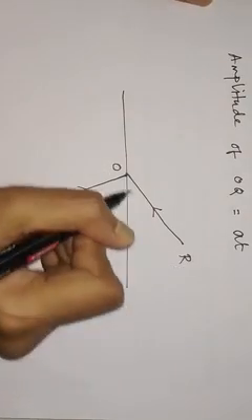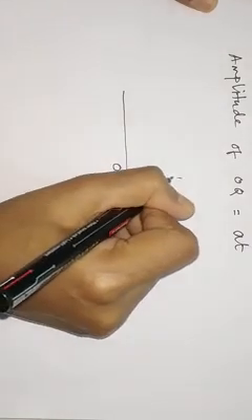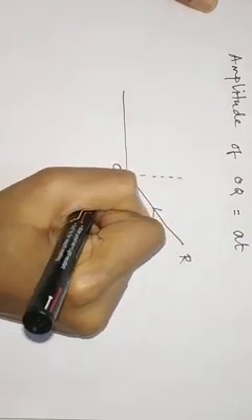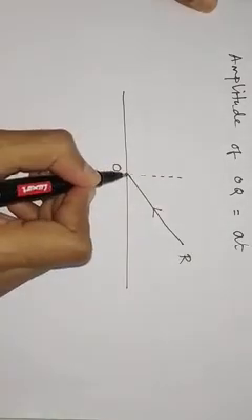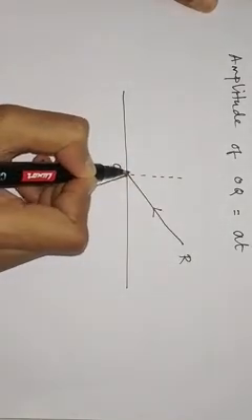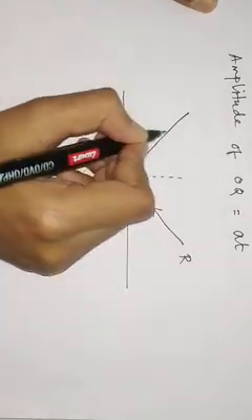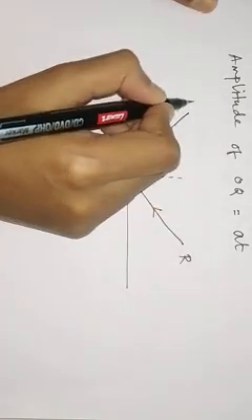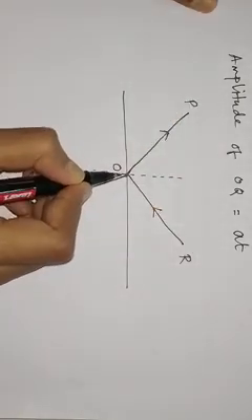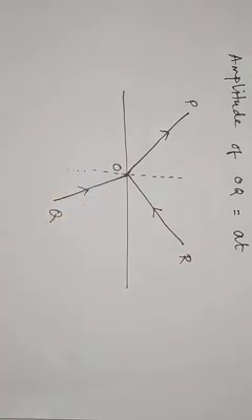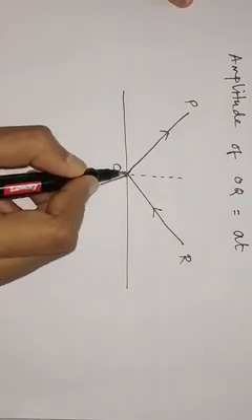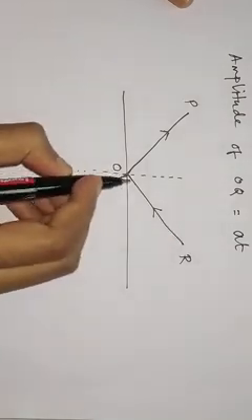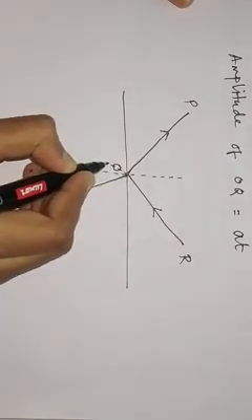Then what will happen? A part of RO is reflected along OP, and another part of RO is transmitted along, suppose, OS.